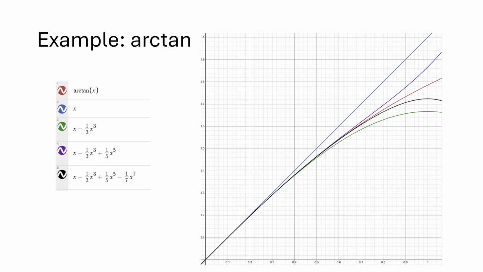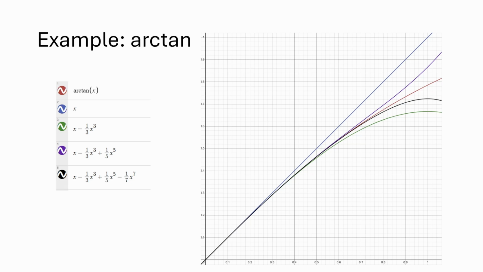Then you say, okay, now it's too low, so I have to add another term to get back up to where I need to be, and you get the purple function, but then that overshoots, so you subtract another term. While this might sound a little wacky, too big, too small, too big, too small, if you look at the magnitude of the error, it is actually decreasing as we increase the number of terms in the series.